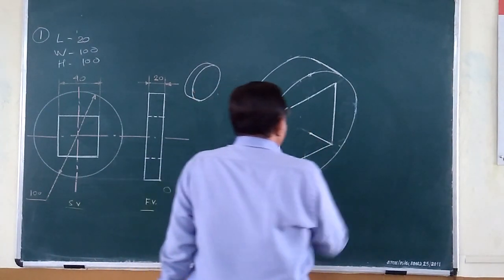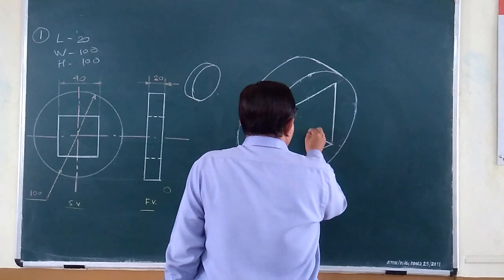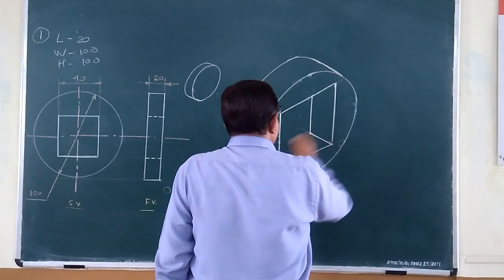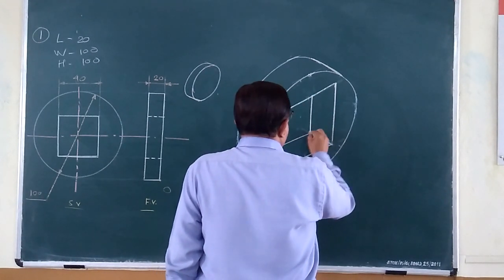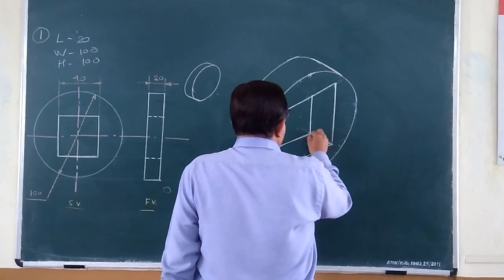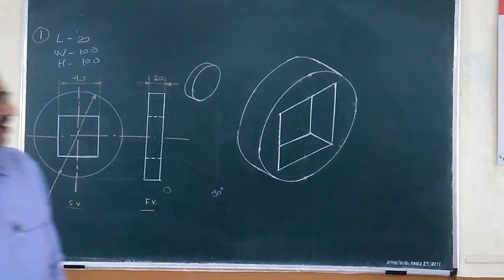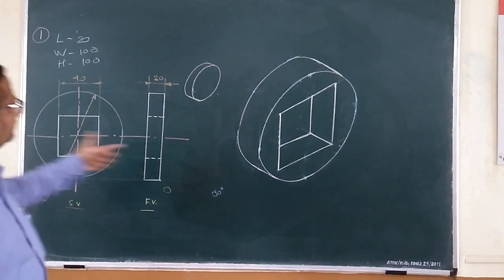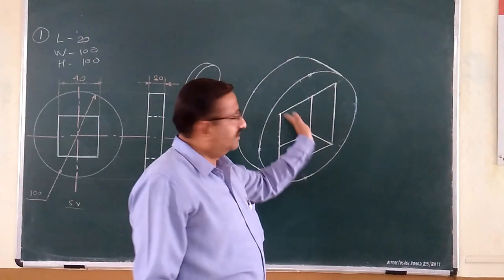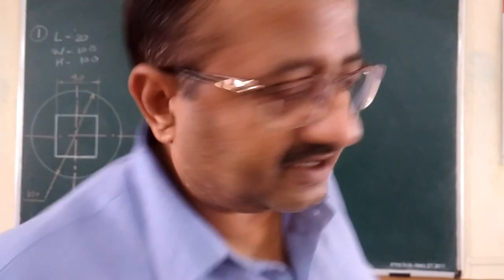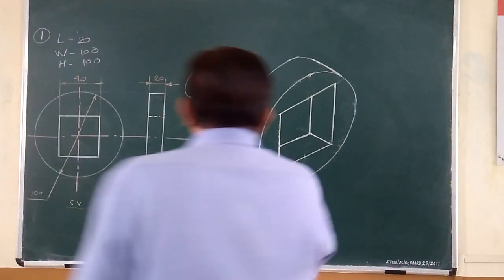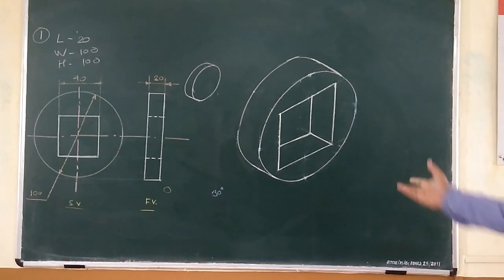Through that point, parallel to vertical and parallel to right 30, I have to stretch two lines, so that this now gives us a clear-cut image of a three-dimensional plate with a square hole centrally cut into it. So this is its final solution.